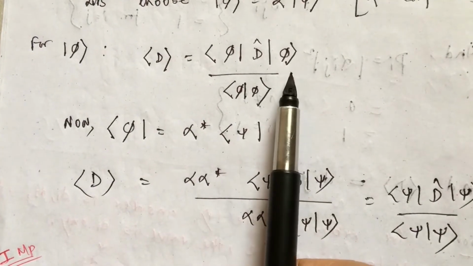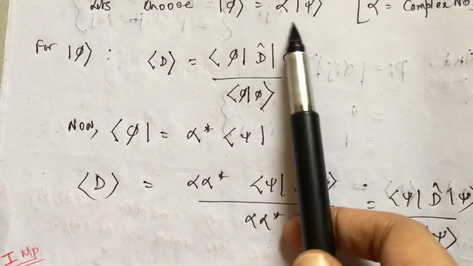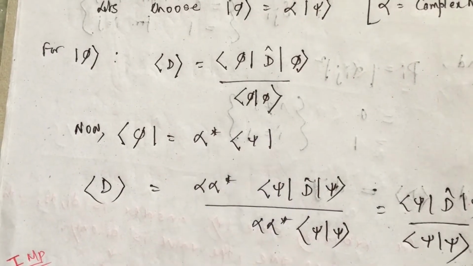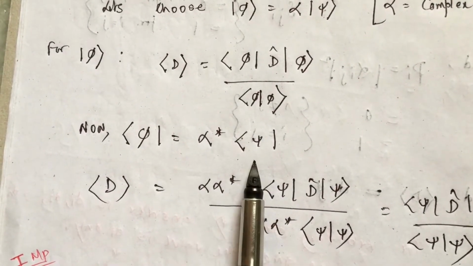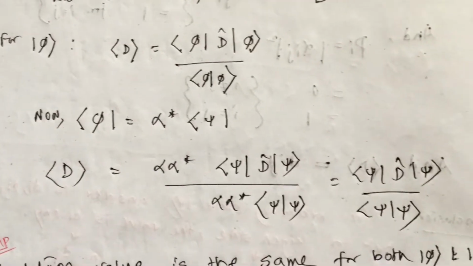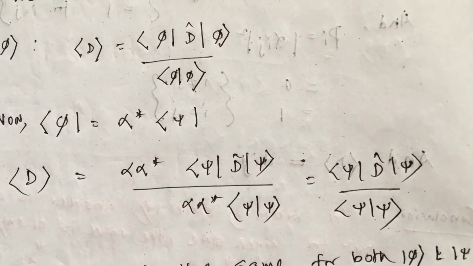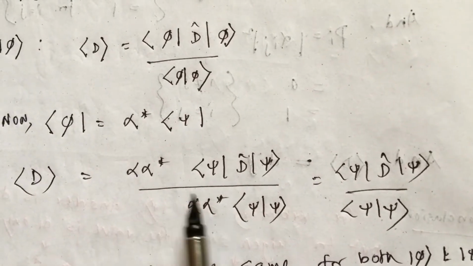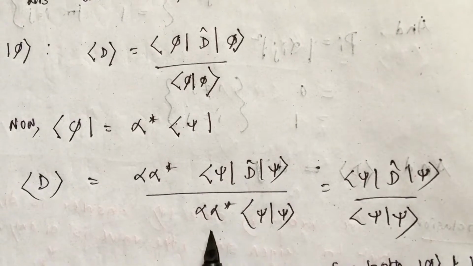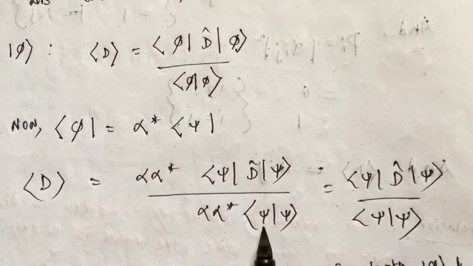So in place of phi we write alpha psi, and in place of the phi bra we need to write the psi bra multiplied with alpha star, as alpha is a complex number. So my expectation value looks like this: alpha star alpha <psi|D|psi> divided by alpha star alpha <psi|psi>.